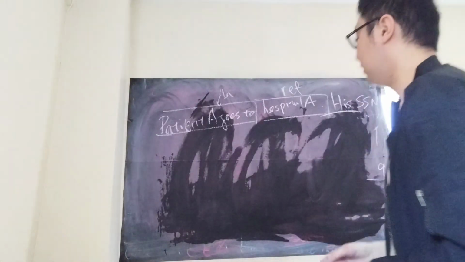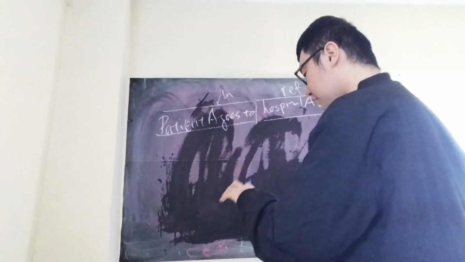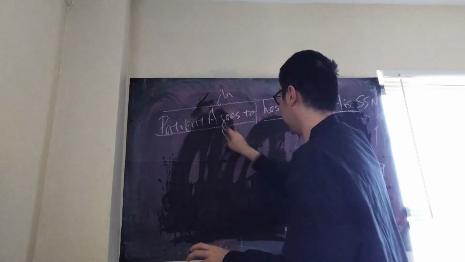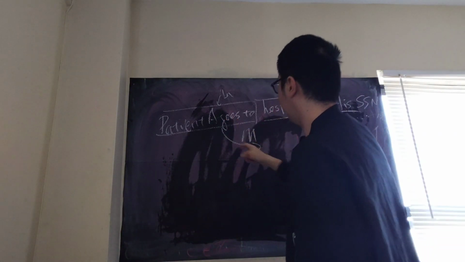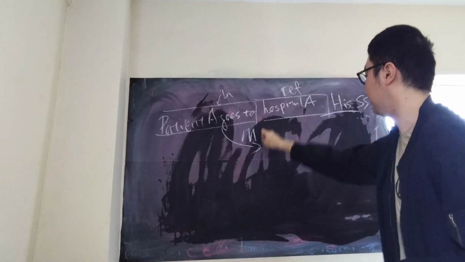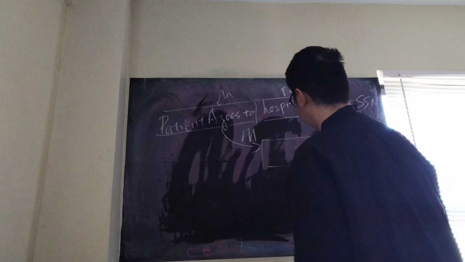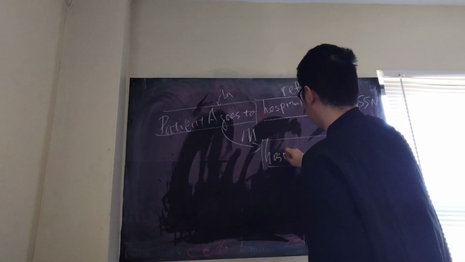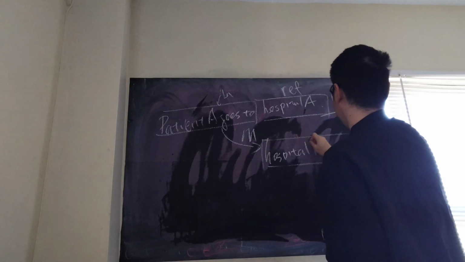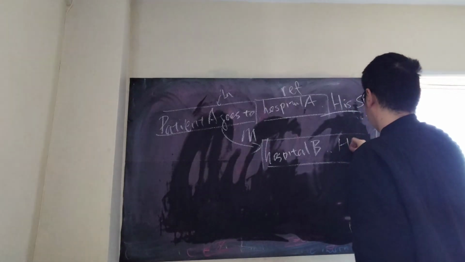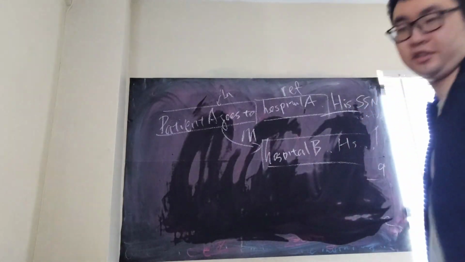And you train a model with the data, and then after that you test the model. So you put this input data in the model, and you get a memorization output. So maybe hospital B and his something.